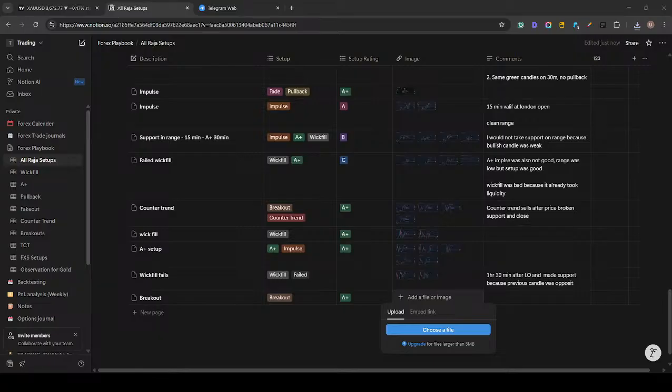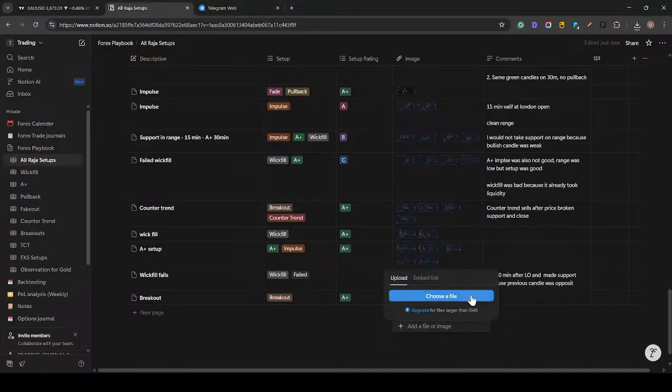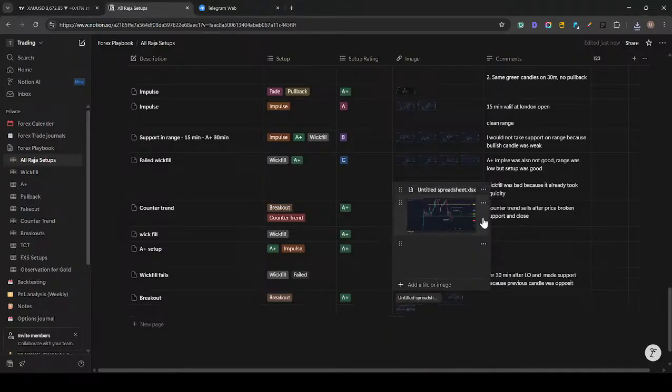Was a good setup. Okay, so I journal it.